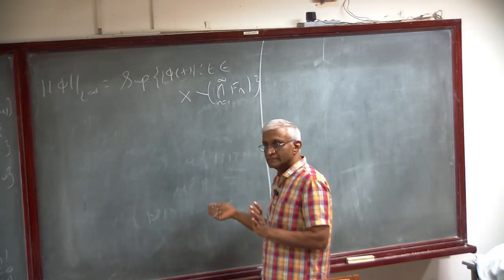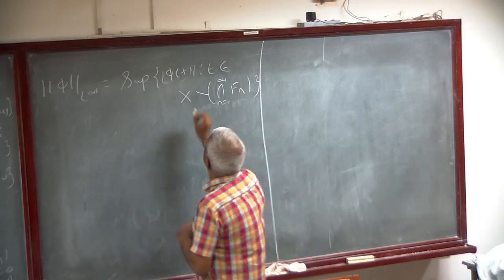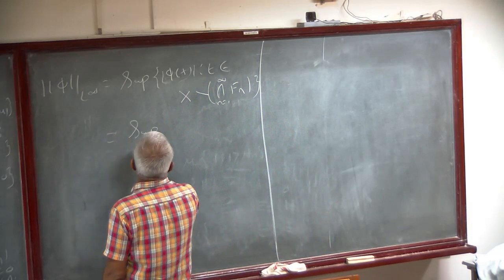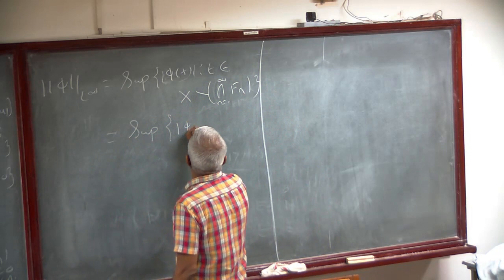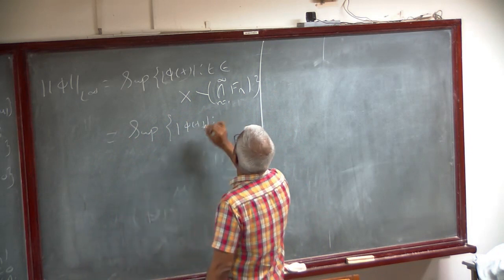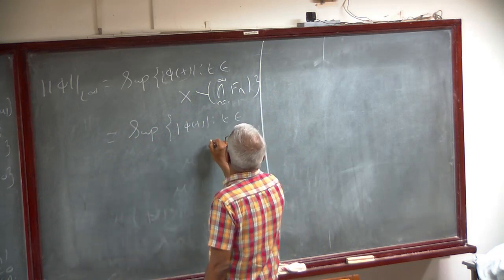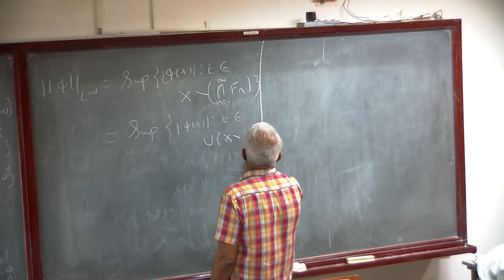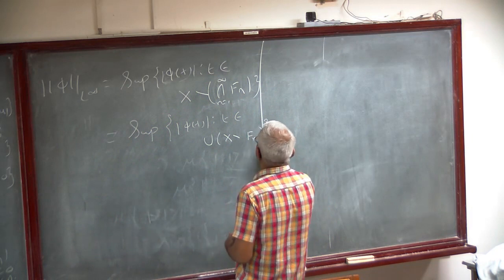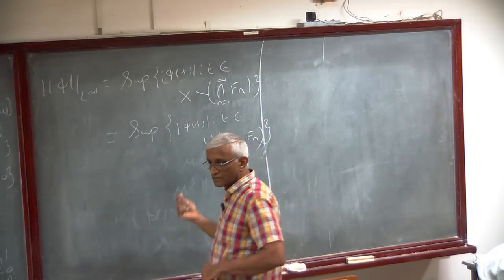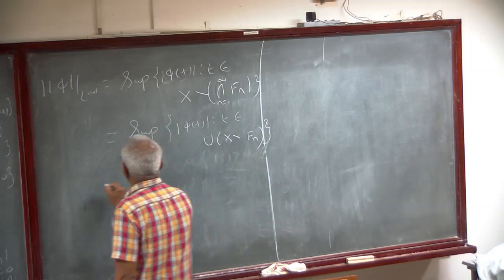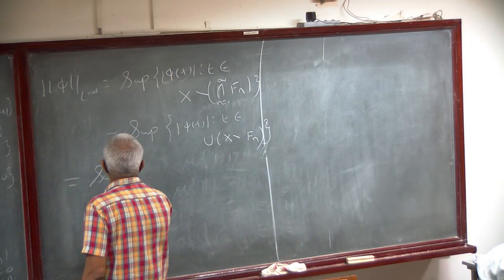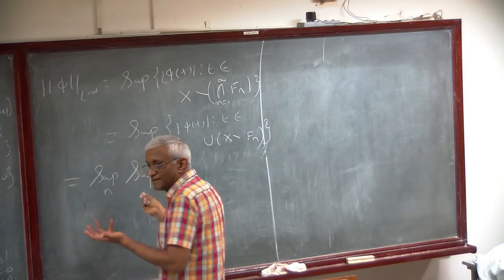Now this is of course equal to the supremum of mod p of t over the union of x minus each one, the complement. And that is equal to the supremum over n, it's just the supremum.